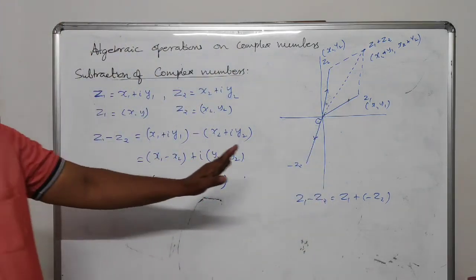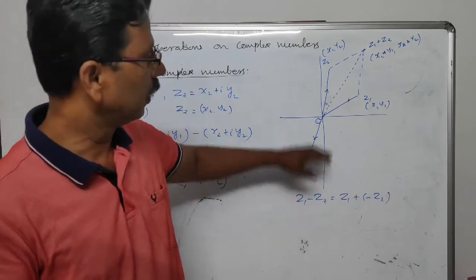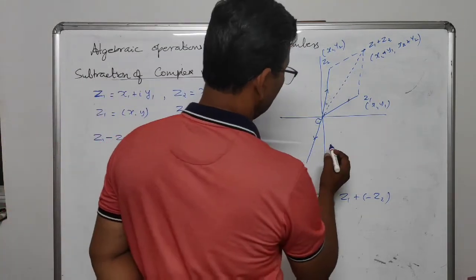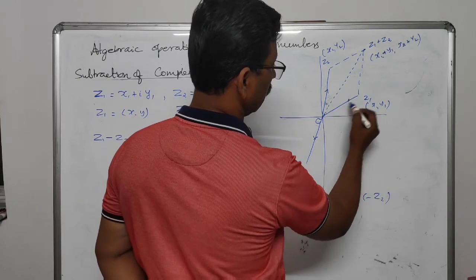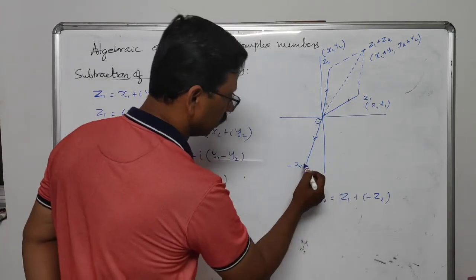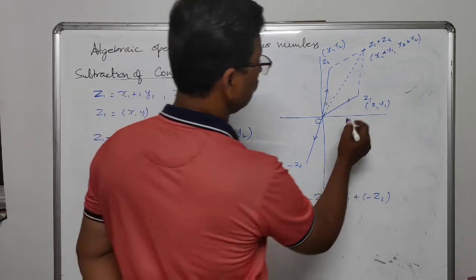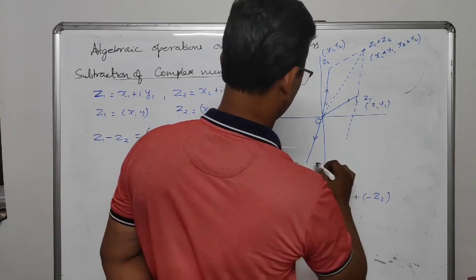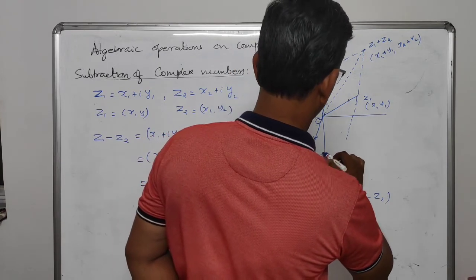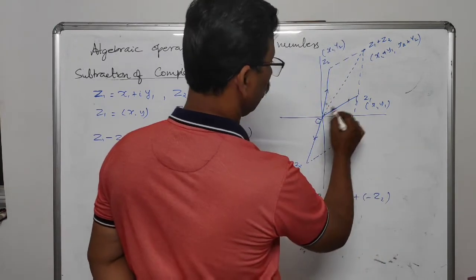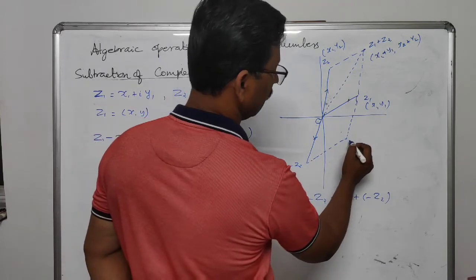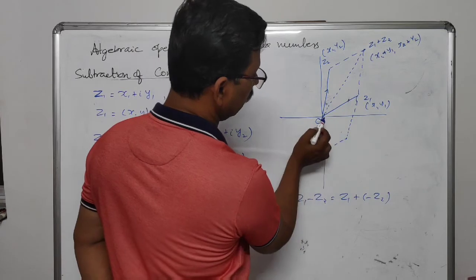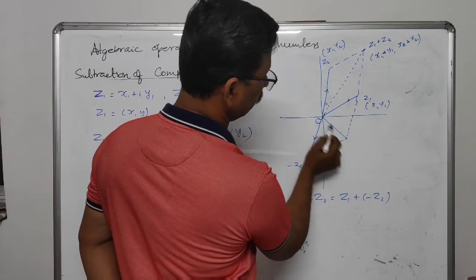If you draw the vector in the just opposite direction, it becomes the negative of the vector. Now consider this as one adjacent side and this as another adjacent side of a parallelogram, then you construct a parallelogram with O, Z1, Z2 and another vertex. This is a parallelogram. In this parallelogram, this is the diagonal drawn from the origin.